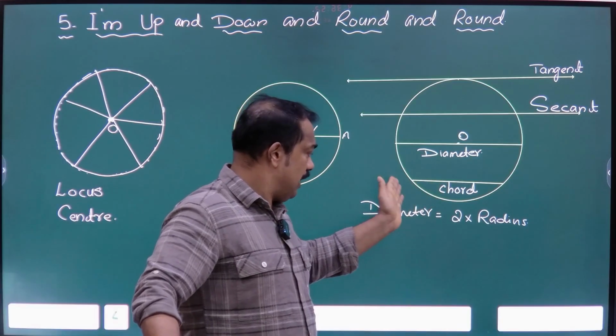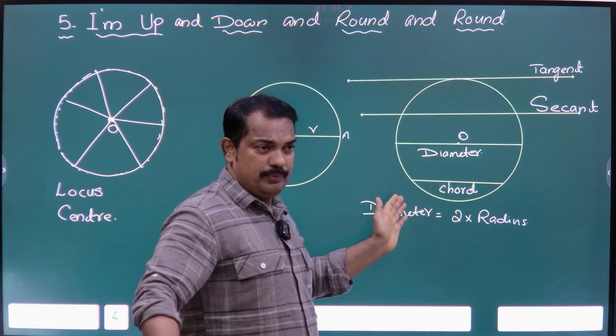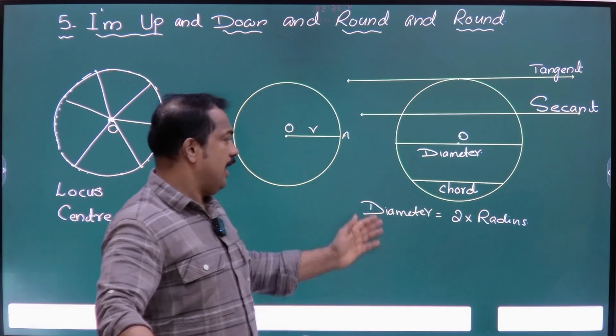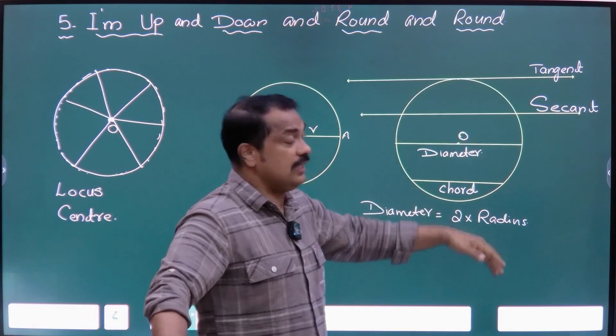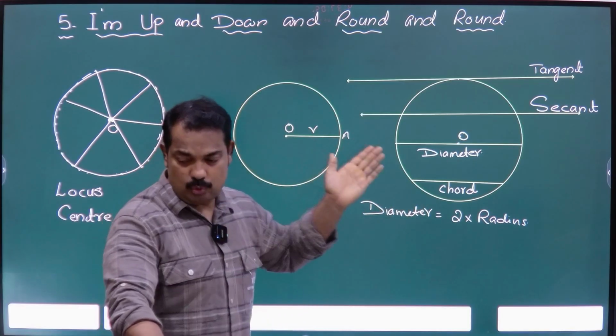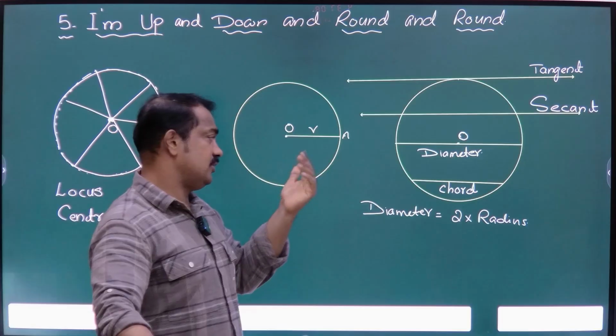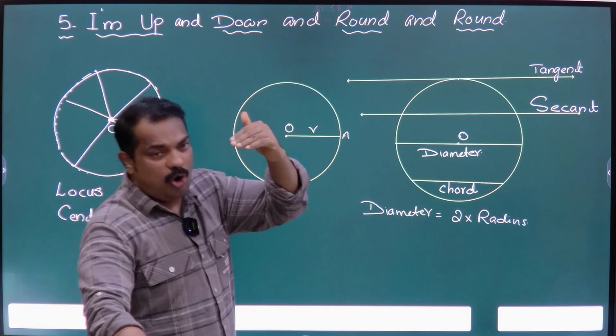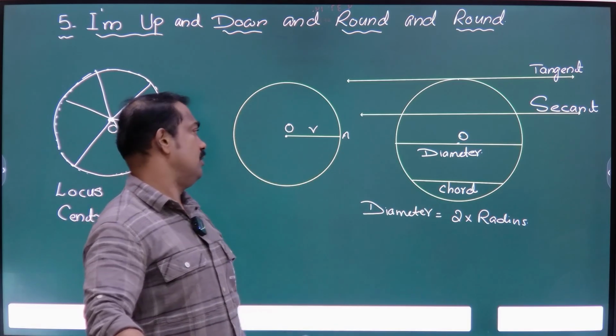And the line joining the 2 points on the circle is called chord. And the chord that passing through the center is called diameter. A line that passing through the circle is called secant. A line that touches the circle only at one point is called tangent.